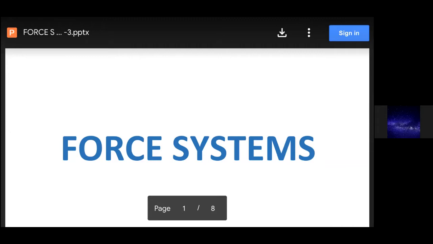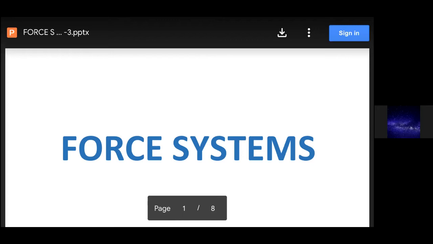If the two forces act in different directions, we can determine the resultant analytically by two methods: one is the parallelogram law method, and the second is the resolution method.